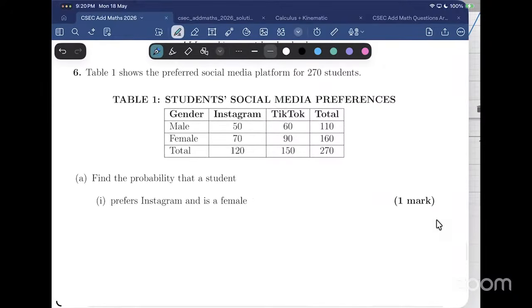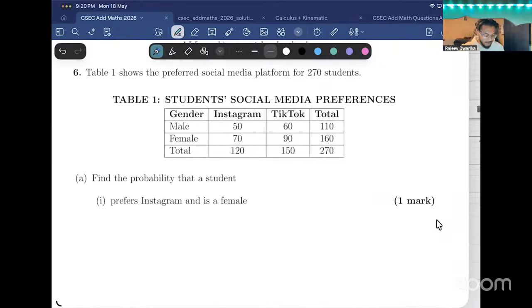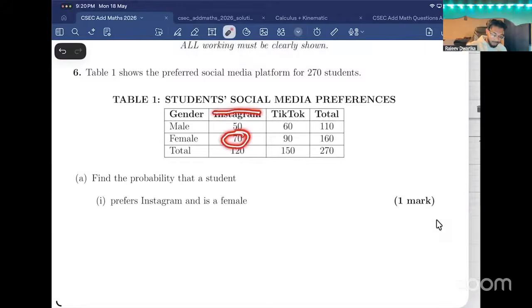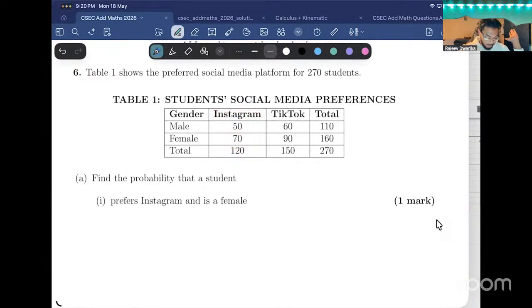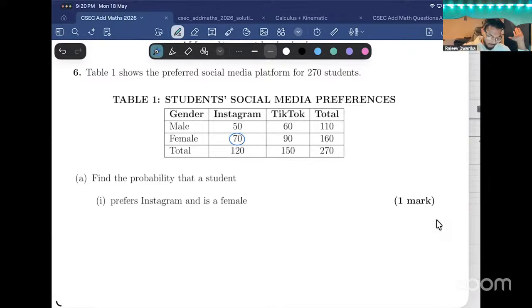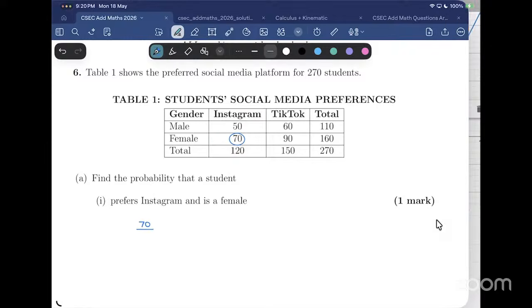Okay. Find the probability that a student prefers Instagram and is a female. If she prefers Instagram and is a female, how much will that be? I've seen 70 people there. So the answer is just going to be 70 over the total.